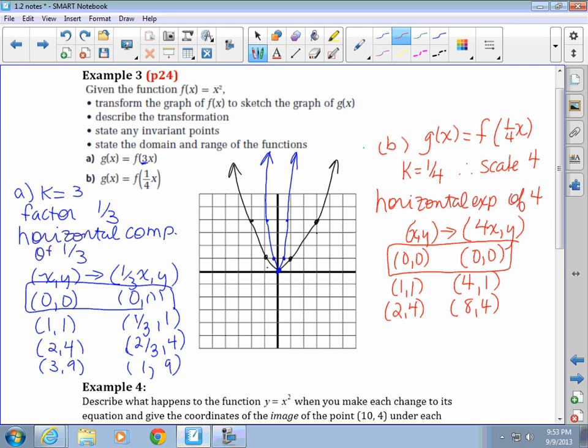Okay, so we draw our picture here, 0, 0, 4, 1. And I can't do 8, 4 because it's way off of there, so you can see it's going out like that.